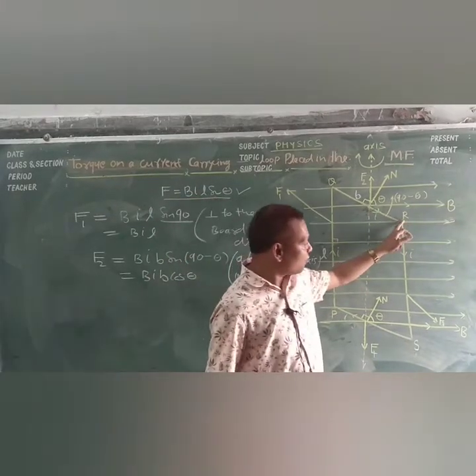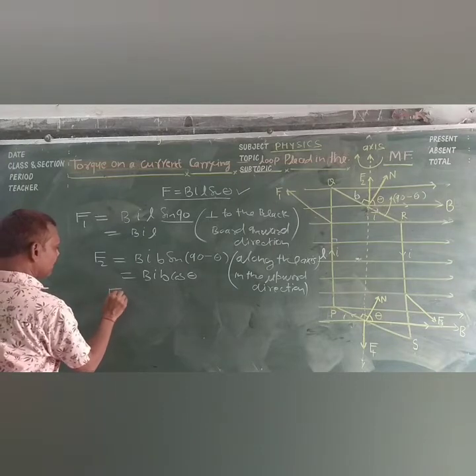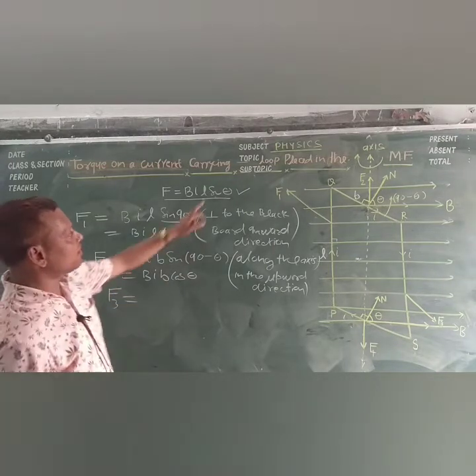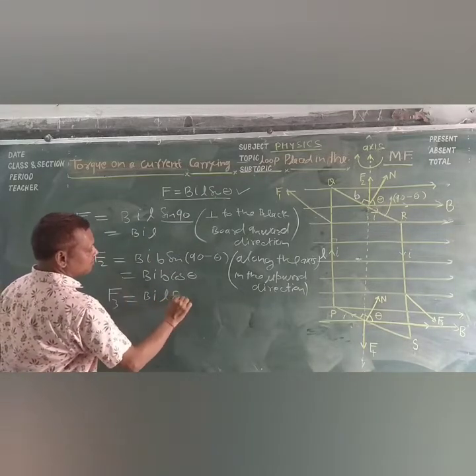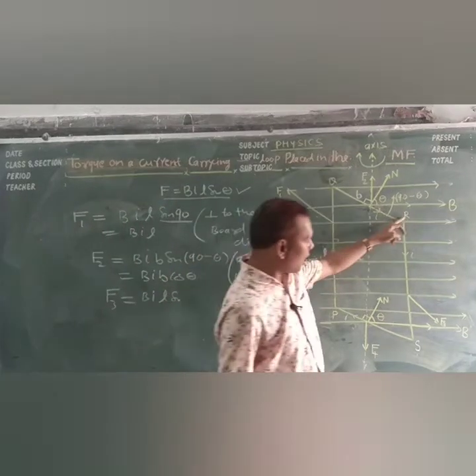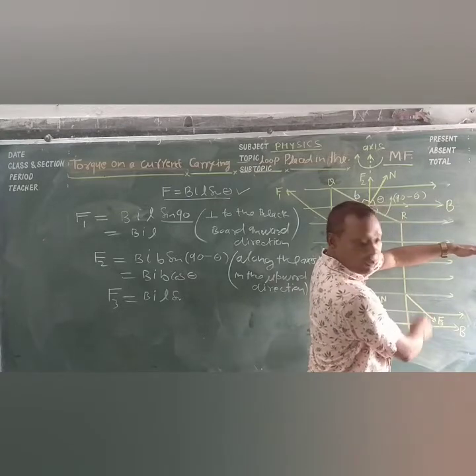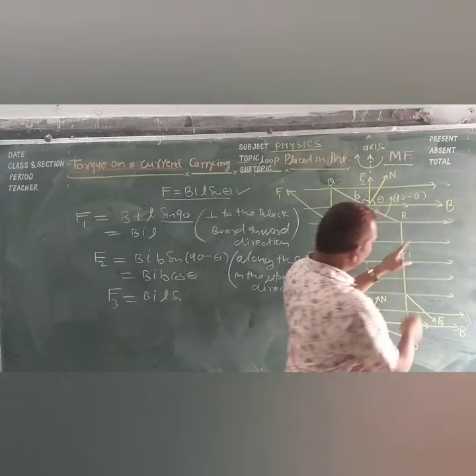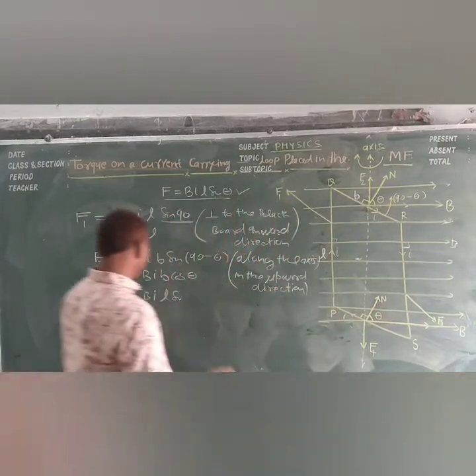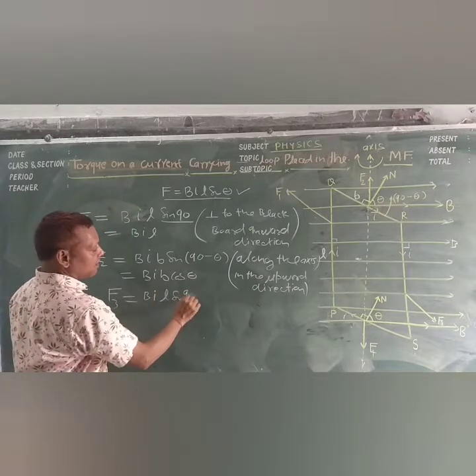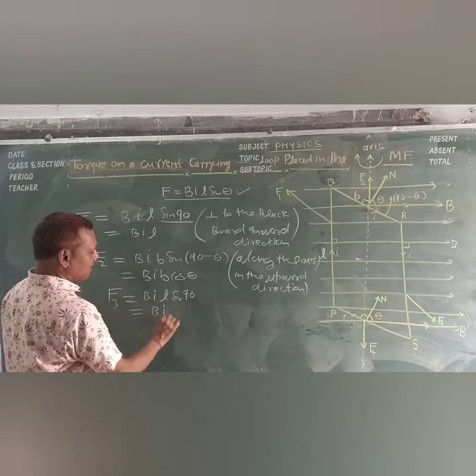Similarly, we determine the force on arm RS. F3 is given by the same formula, BIL sin theta for RS. The magnetic field is horizontal and current is vertically downward. So the angle between current and magnetic field will be 90 degree. So this will be BIL sin 90. The value of sin 90 is 1. So this becomes BIL.